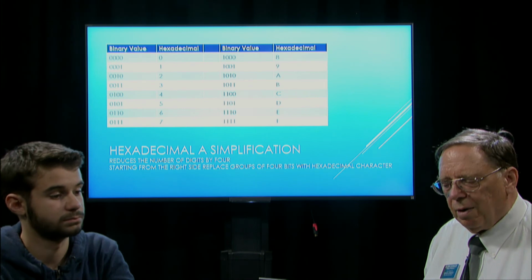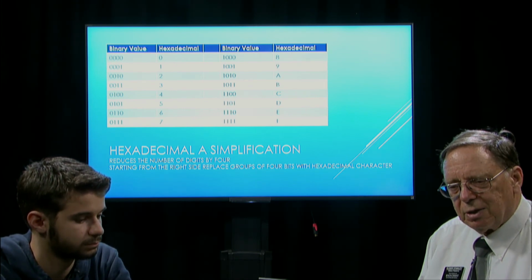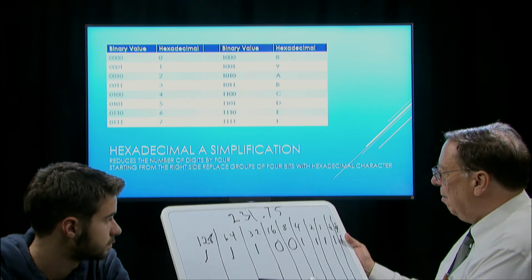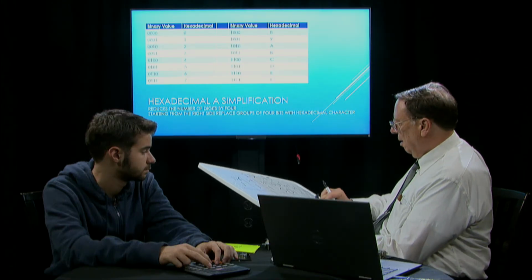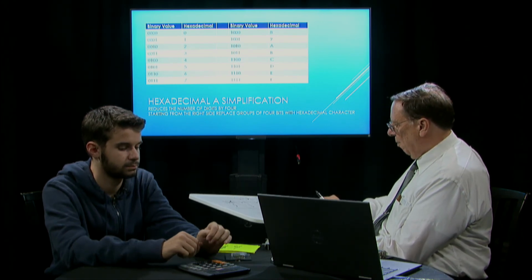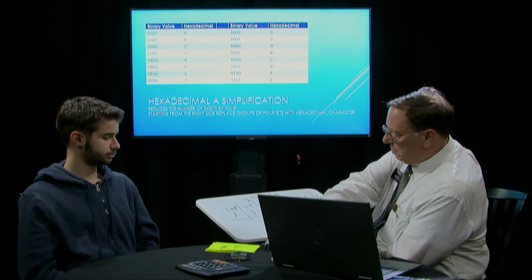If we want to convert a number from binary into hexadecimal, we just use this table. So if we wanted to convert this number to a hexadecimal value, let's just erase this down here. What we would need to do is divide it up into chunks of 4 and then look up the hexadecimal values.